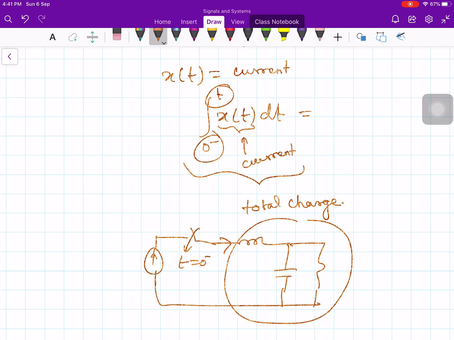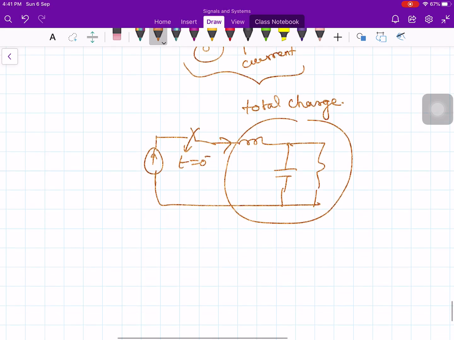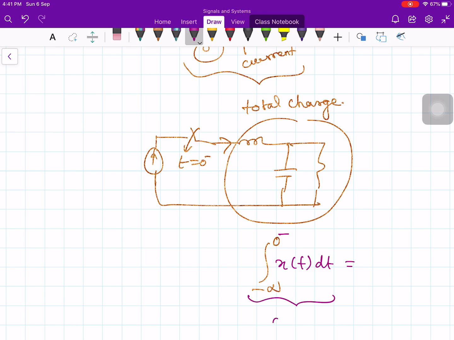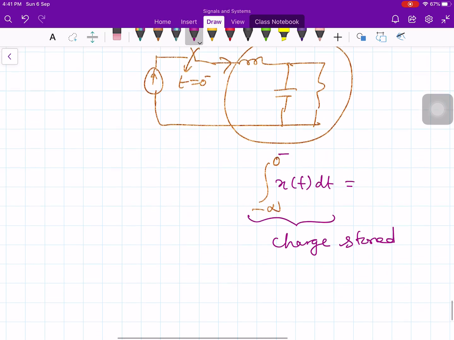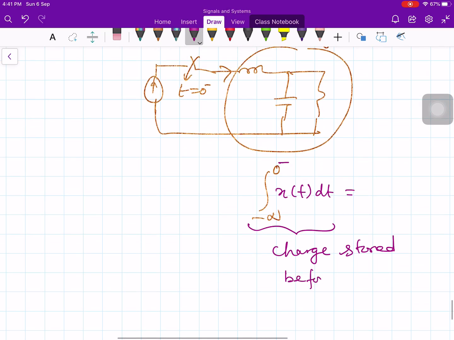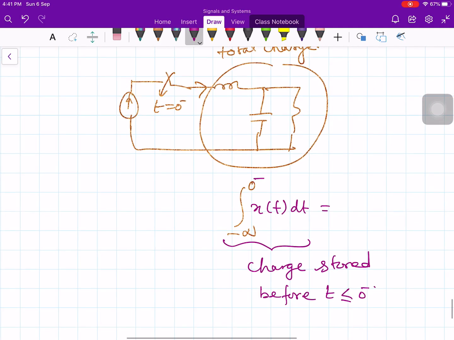So from minus infinity to 0 minus, the integral of x of t dt is the charge stored before t is less than or equal to 0 minus. Let me denote this as x to the minus 1 of 0 minus.